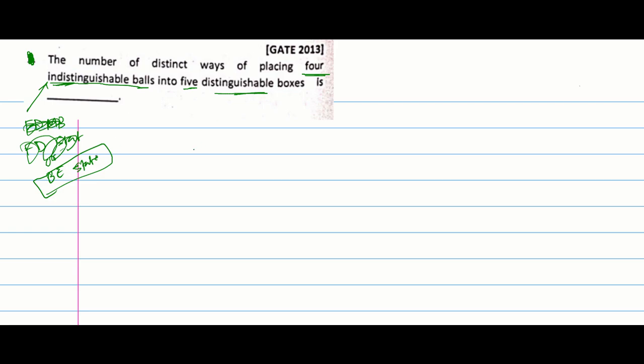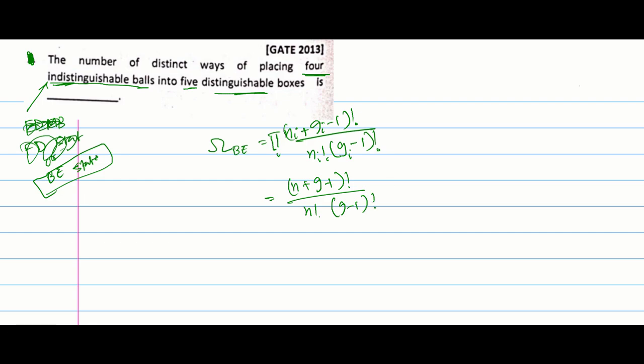Okay, so in Bose-Einstein statistics, what is the number of ways we can arrange? BE is the product over i of (Ni plus Gi minus 1) factorial divided by Ni factorial into (Gi minus 1) factorial. Now since there's only one state, we can say (n plus G minus 1) factorial over n factorial into (G minus 1) factorial.